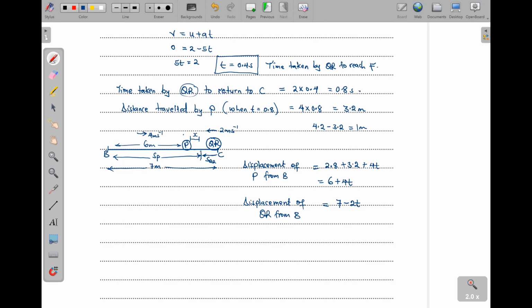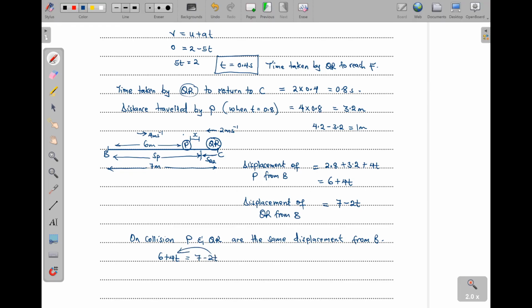So that is that. Then we can say that on collision, P and QR are at the same displacement or distance from B. So I'll get 6 plus 4t and equate it to 7 minus 2t.